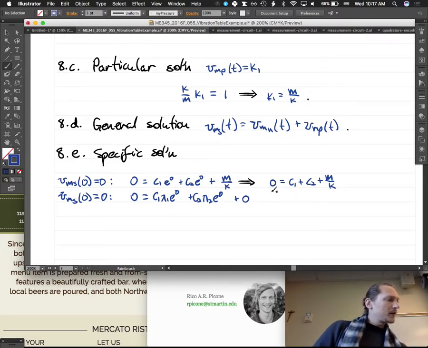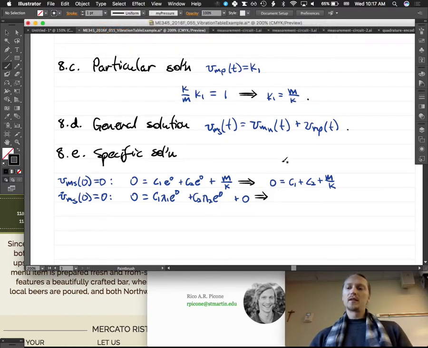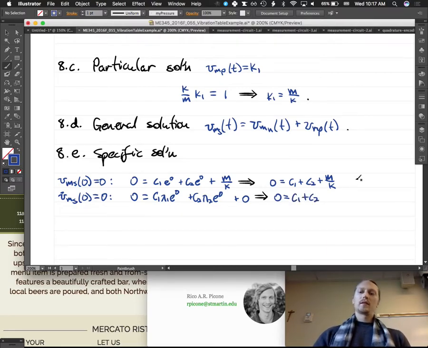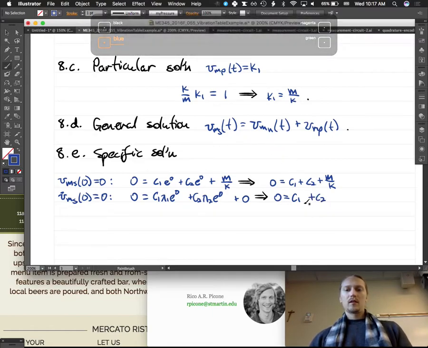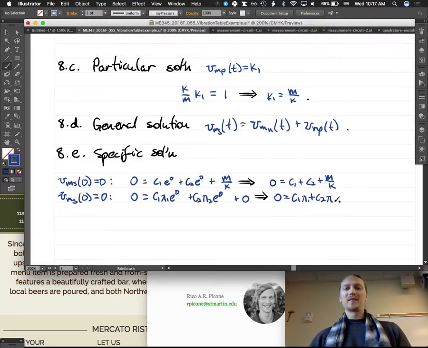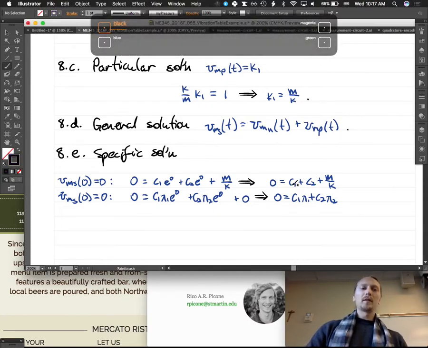So what I can find then is I have to solve these two simultaneously. I guess it's a little bit simpler to write 0 equals C1 plus C2. Right? Oh yeah, there's some lambdas there too, right? Times lambda 1 times lambda 2. Good work, guys.